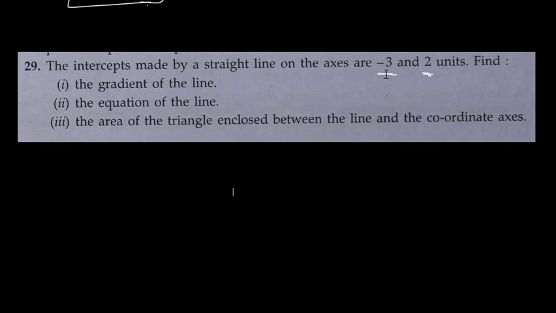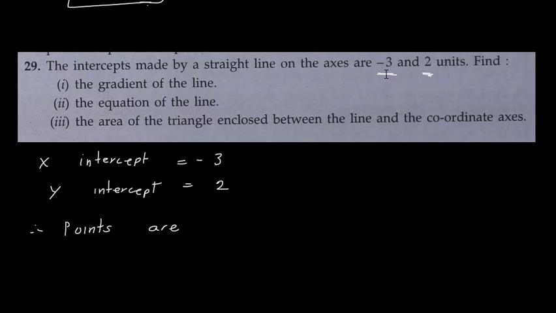So here I will say that x intercept is minus 3 and y intercept is plus 2. So therefore points are: x intercept minus 3, so it is minus 3 comma 0, and y intercept is 2, so it is 0 comma 2, because y intercept means x coordinate is going to be 0.